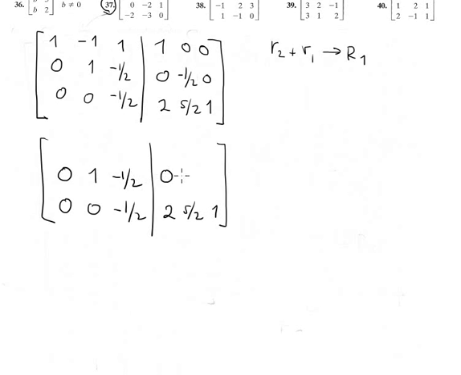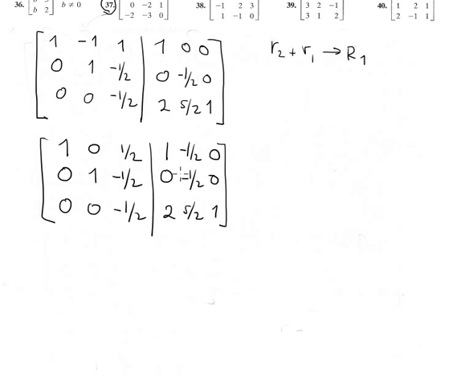The only change is row 1. In this case will be 1, 0, 1 half, 1, negative 1 half, and 0.